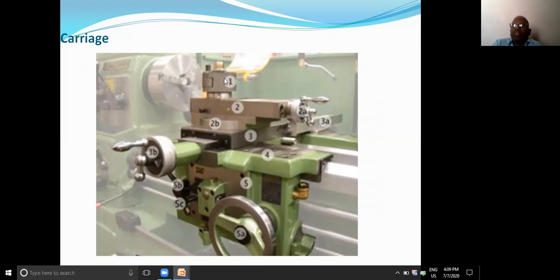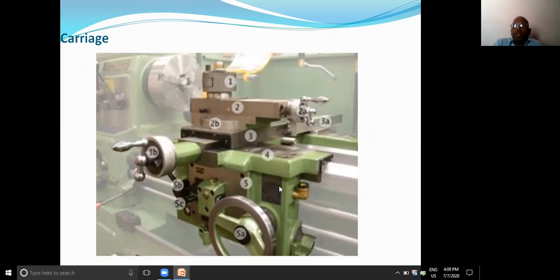The cutting tool is placed in the tool post. The tool post is mounted over the compound rest, whereas the compound rest is mounted over the cross slide. The total arrangement moves with the help of the carriage, which carries it from one end of the lathe bed to the other end.